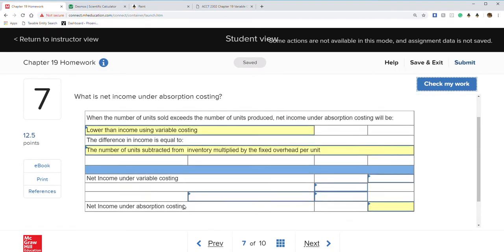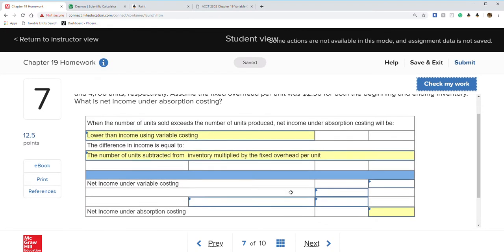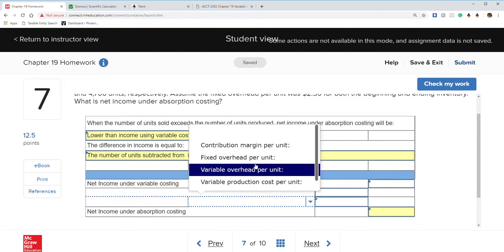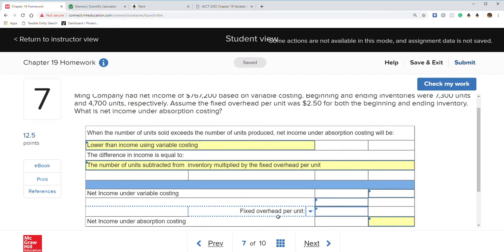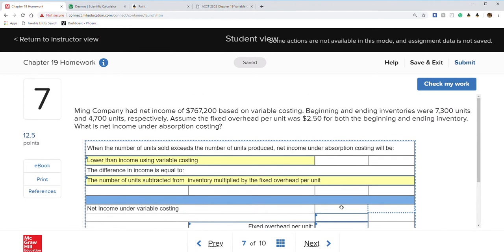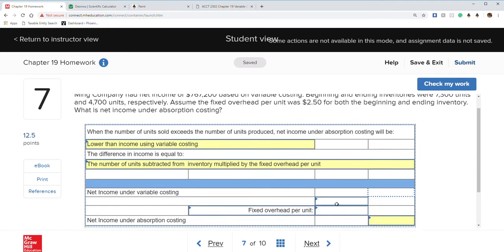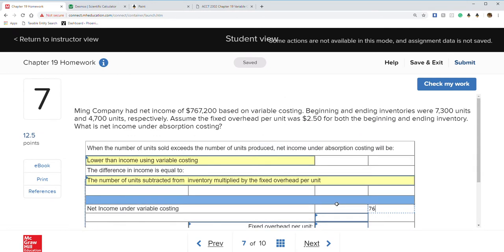Okay, so now we've got to do this fun part. And of course, since we're dealing with fixed overhead per unit, we're going to have to figure out that little spot. So that's a little blank right there. Because again, we're converting. So 767,200.